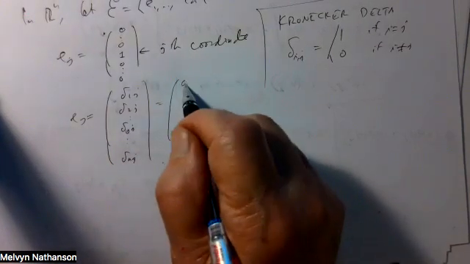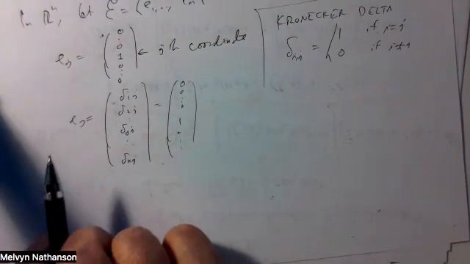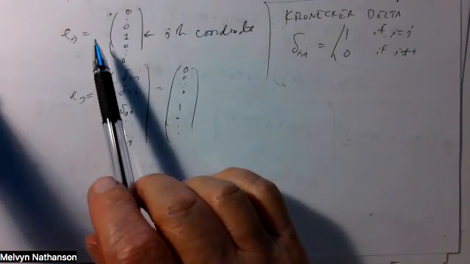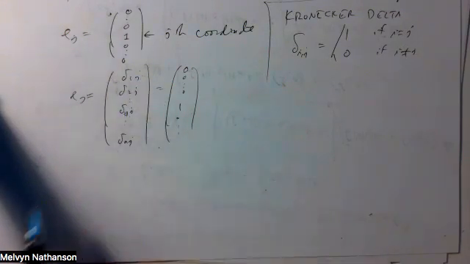So this is 0, 1, and then all zeros. So you can say that the standard basis vector e_j has coordinates delta_ij, i goes from 1 to n. But this Kronecker delta is very valuable notation.